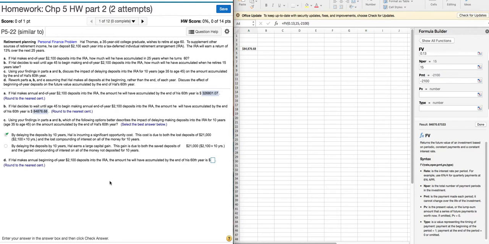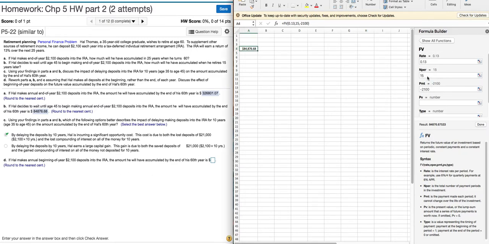And here with part D, this is asking us to consider this information again but as an annuity due. So considering that the deposits were made at the beginning of each year. So all we really need to do is go back up to our information we have here, and we'll go back to the number of periods being 25 years.